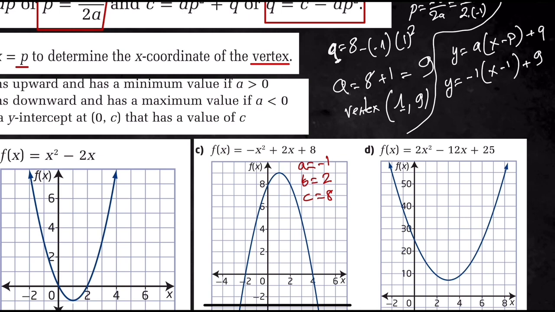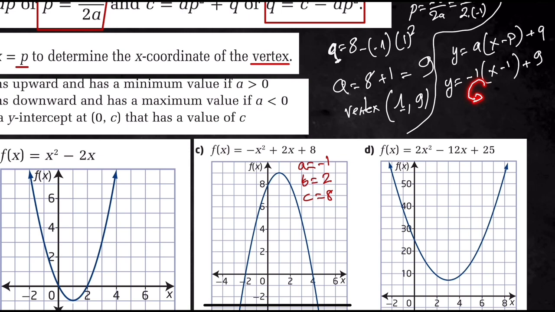Good. So now I see from this equation that my parabola was shifted right 1 unit and up 9 units, and it was reflected downward because my A is negative.